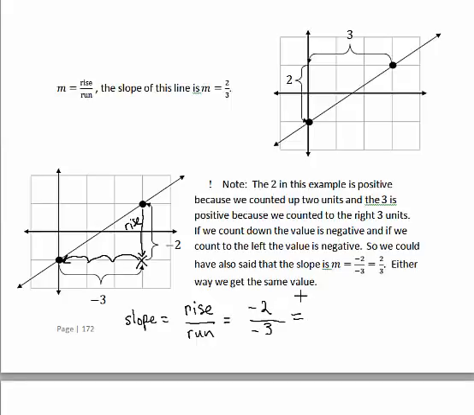And you see that we get the same value for the slope, because a negative divided by another negative is still positive, so 2/3. So you can start with the leftmost point and go to the right, or you can start on the right and go to the left, as long as you have your signs correct for the directions that you travel.